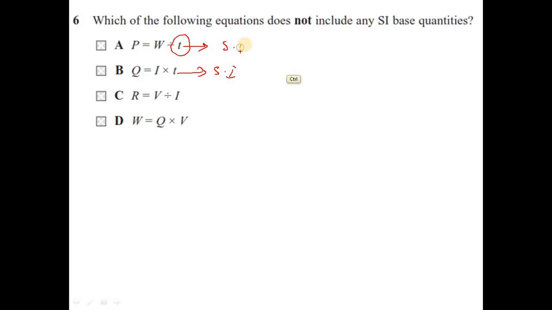This is also SI base, in which current, this is also an SI base quantity. Only the last option remains, D. This is work, this is charge, and this is voltage or potential difference. So option D, equation W equals QV, does not contain any SI base quantity. So option is D.